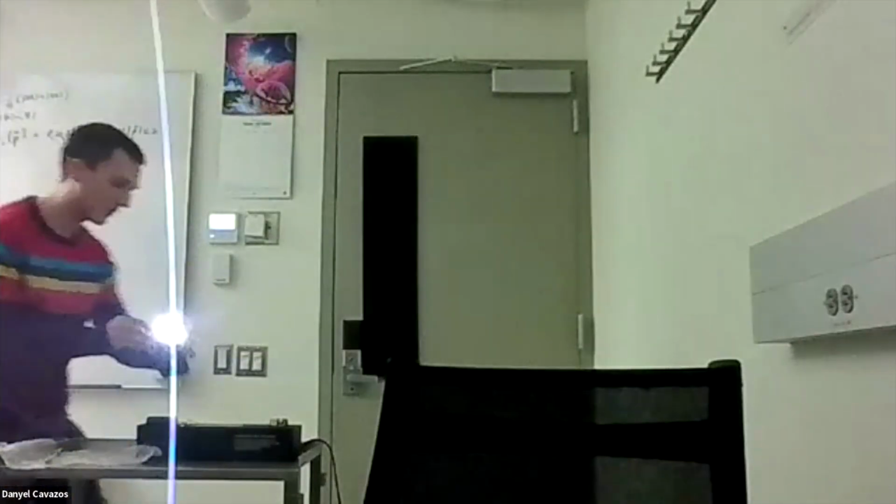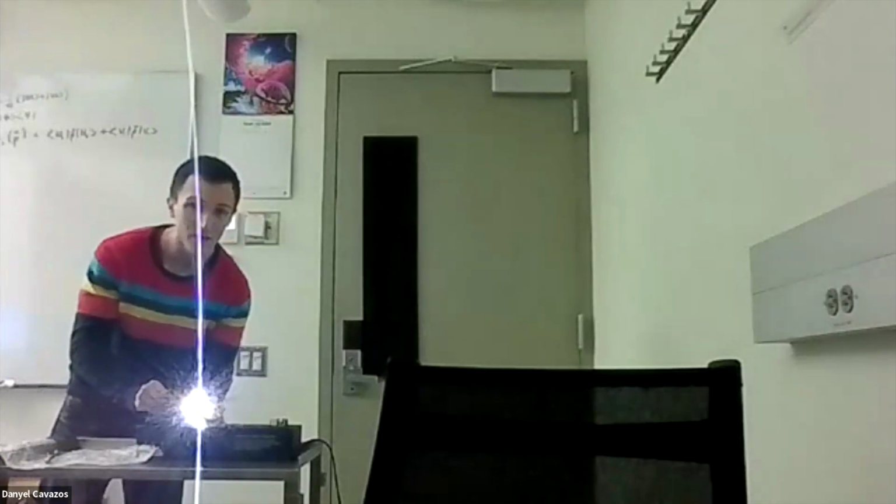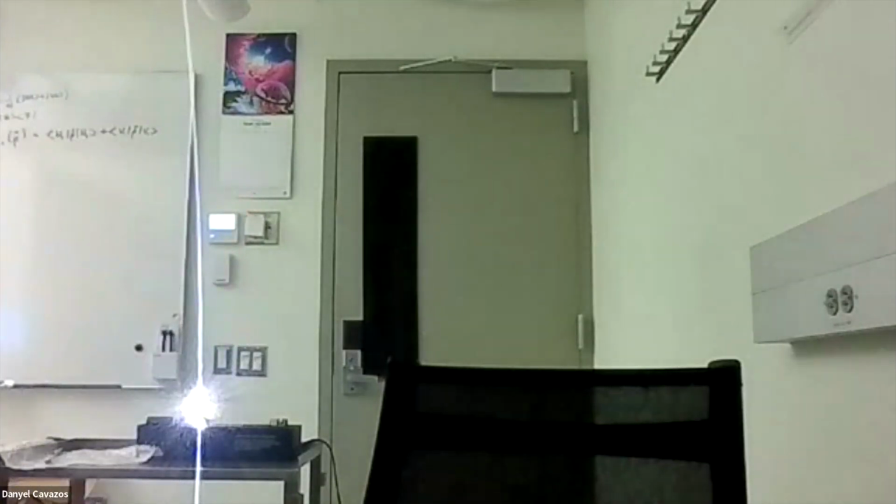So I'm just going to put it over here, and by looking through the diffraction grating, I think we can even see it through my camera. So, right over here, you can see that there's a full rainbow, right? You can see all the colors, which is what people were expecting was going to come out of the discharge tubes, for example.